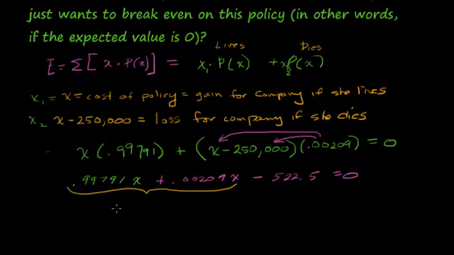And here we get that adds up to 1x minus 522.5 is equal to 0. Then of course we add 522.5 to both sides.